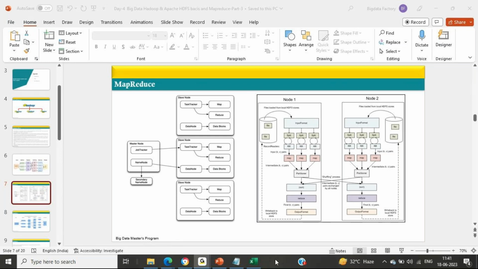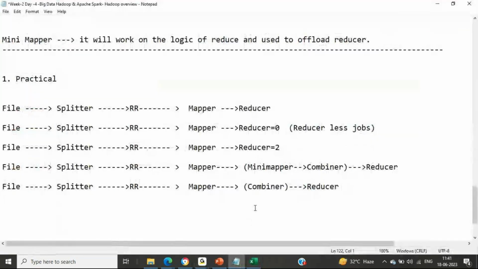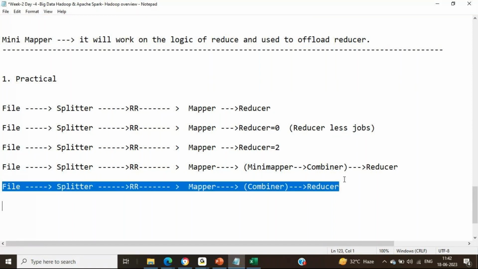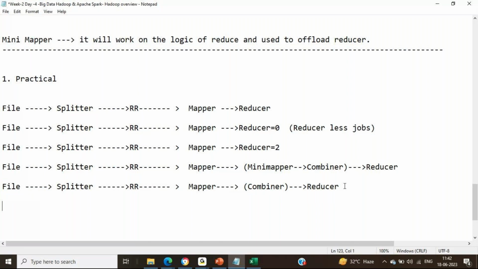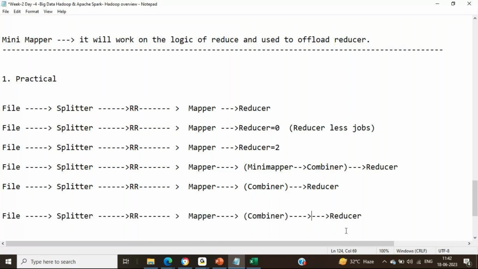Okay. So: file, splitter, record reader, mapper, and combiner. We have added the combiner in order to reduce the load of the reducer. Then another component that we are going to see practically is the partitioner.